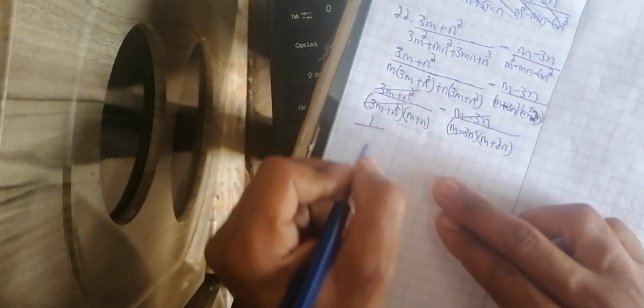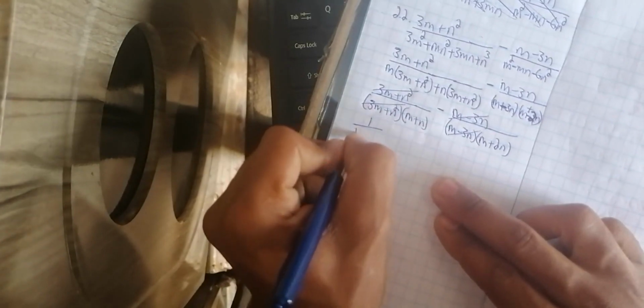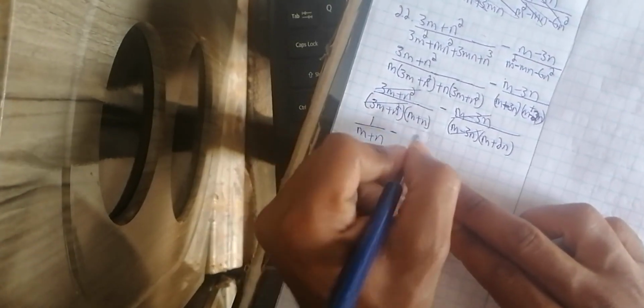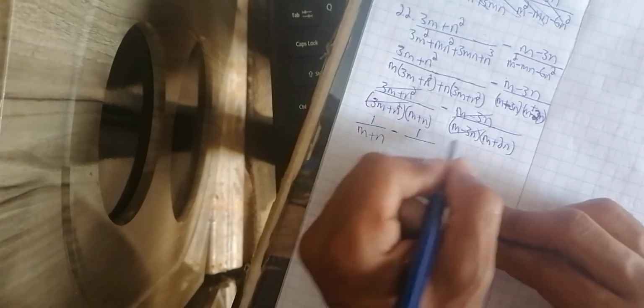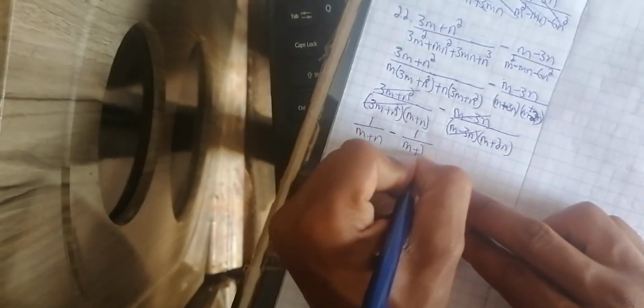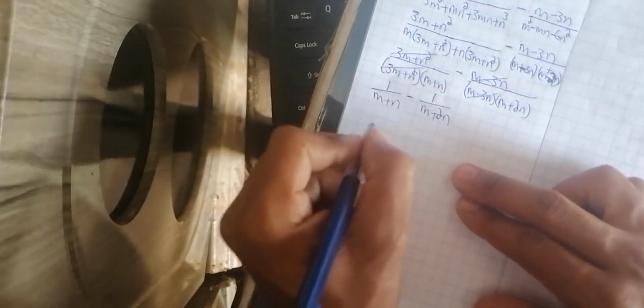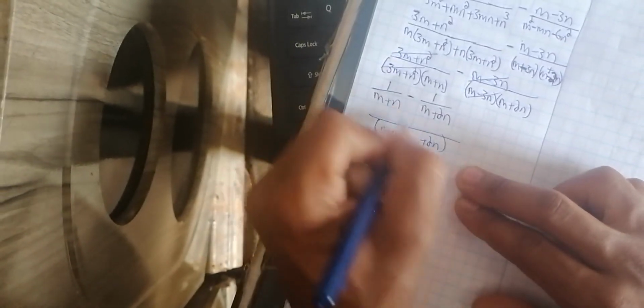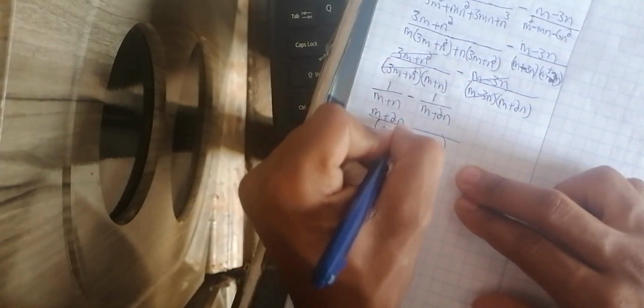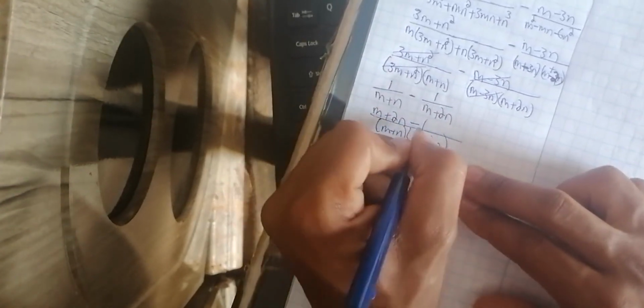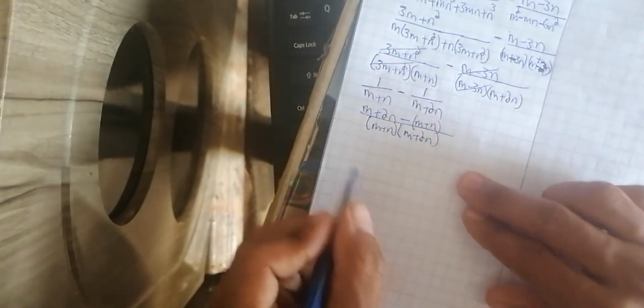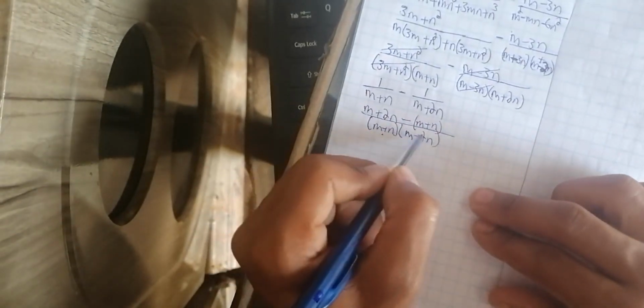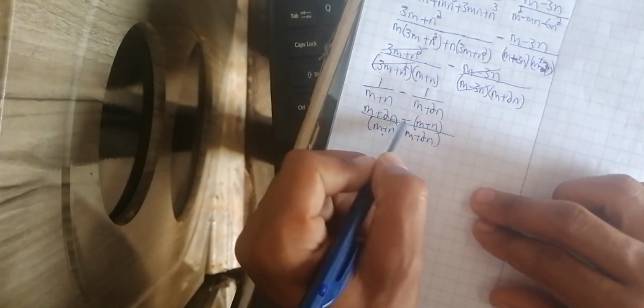Now I have a 1 divided by m plus n minus 1 over, remember you have cancelled, m plus 2n. This is what I get. And the LCD there will be m plus n, m plus 2n. And you would get m plus 2n minus into m plus n. Why? This into this goes once, this times that is this, subtraction sign.